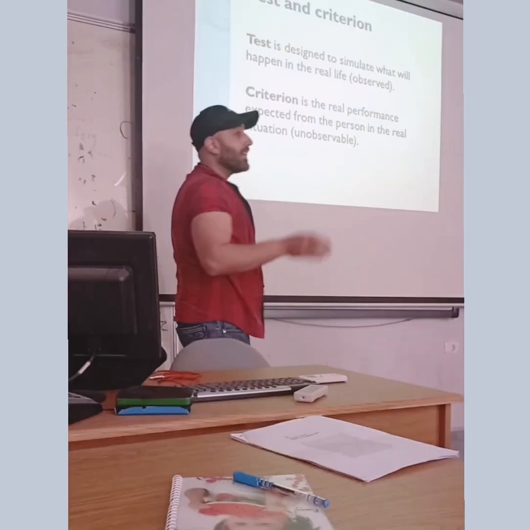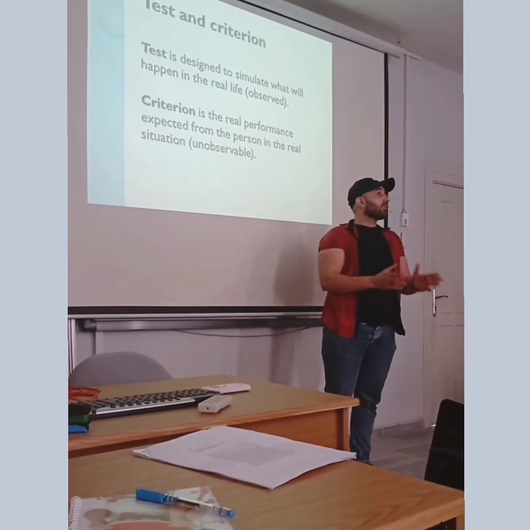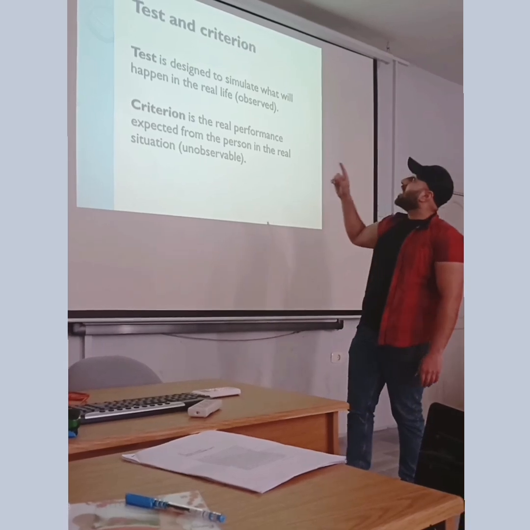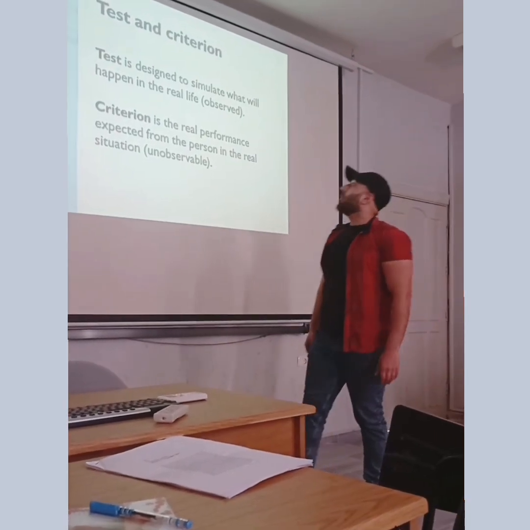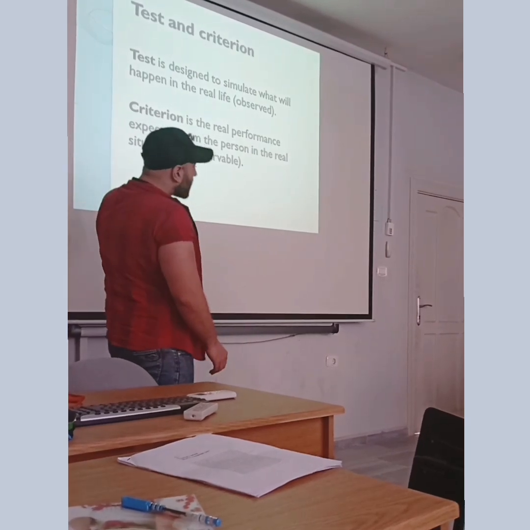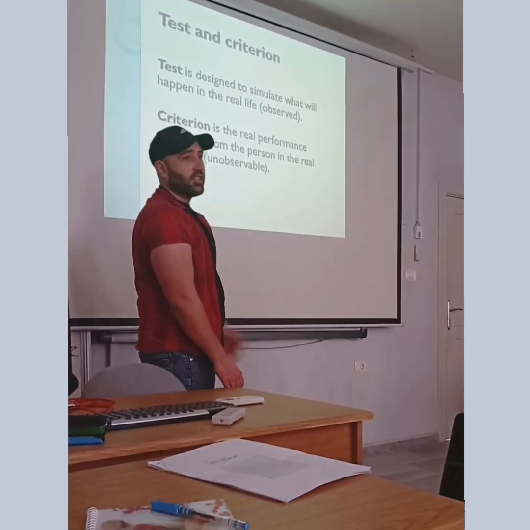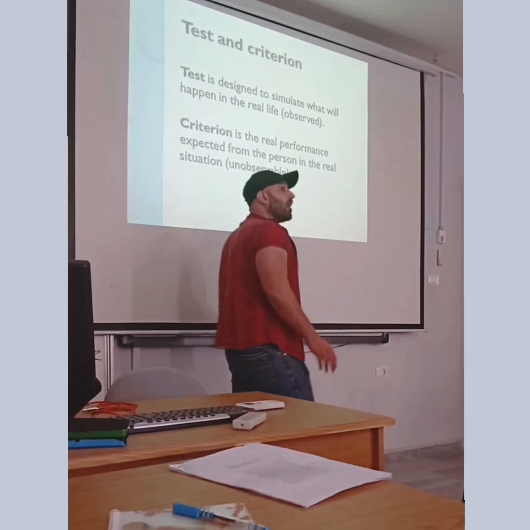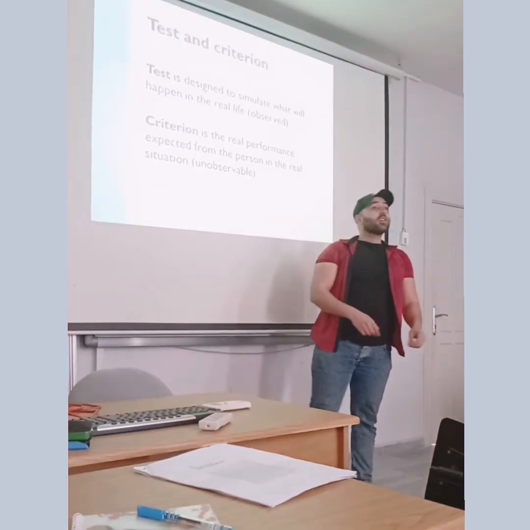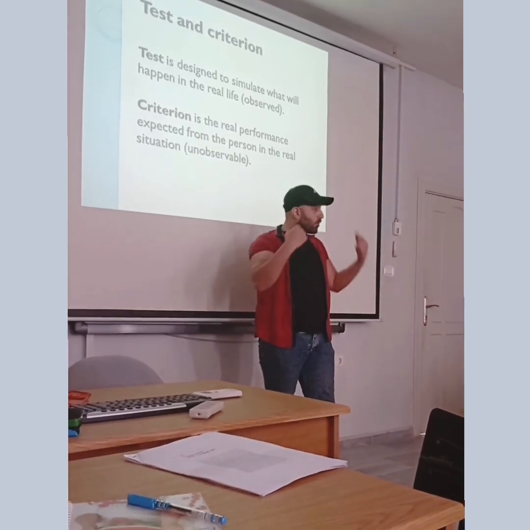criterion. Test is a performance or a group of performances which is designed to simulate what will happen in the real life, and it can be observed. Criterion is the real performance expected from the person in the real situation, and it cannot be observed. For example, tomorrow we are going to give lessons in Arisala school, and Ms. Daniela will observe us.